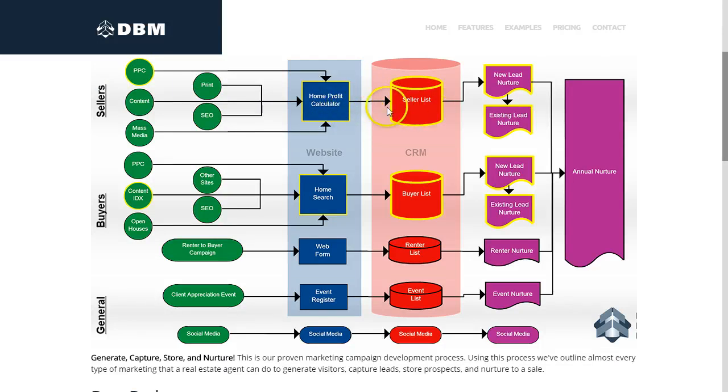We have an API that can connect to any website and even some of the other sites like Zillow, Trulia, and still put those leads into your buyer list here, and therefore you can nurture those leads. If you have the right IDX, and we also have the IDX in our system that can be built into our system as an option if you want. If you don't have your own IDX, when I do a home search, it will go into your buyer list and then put them on the drip campaign for that new lead.